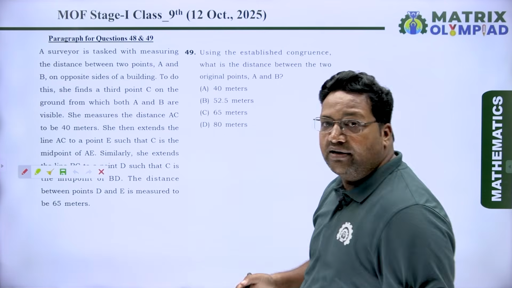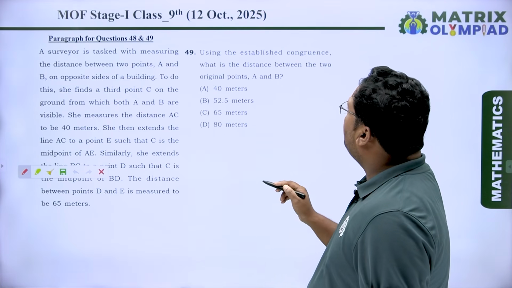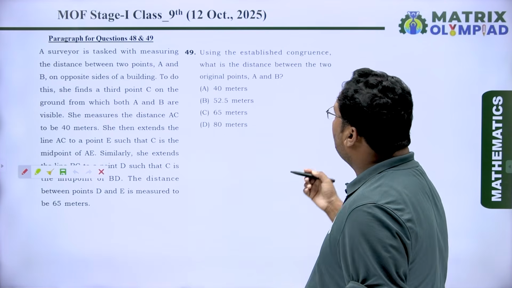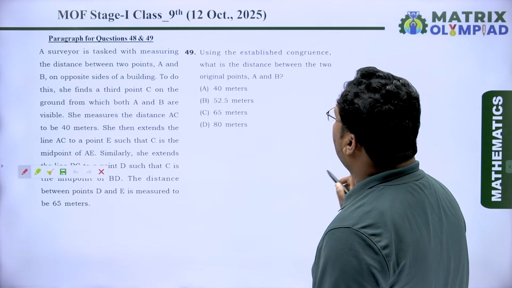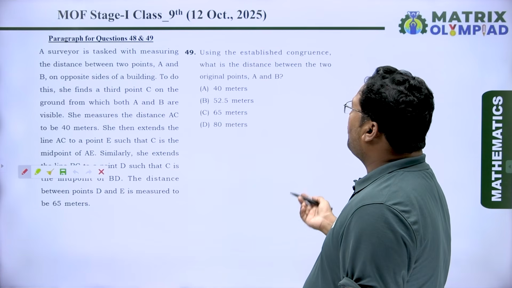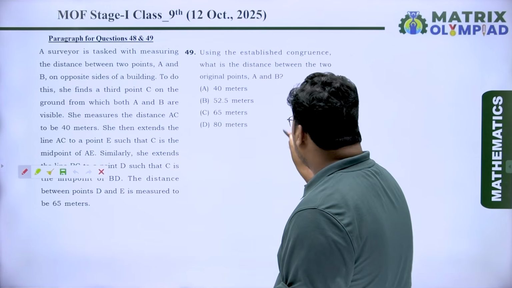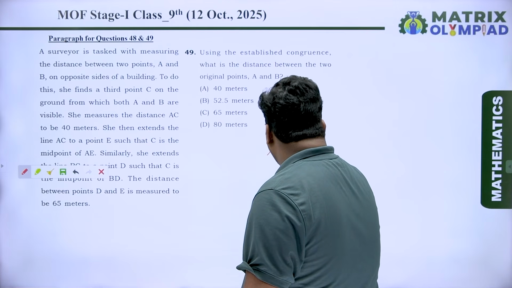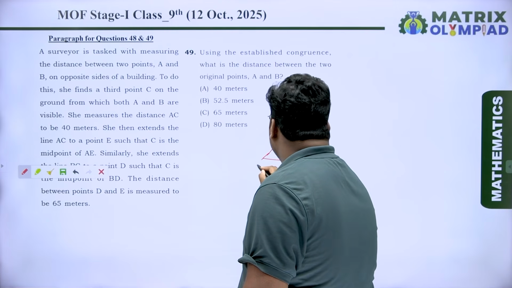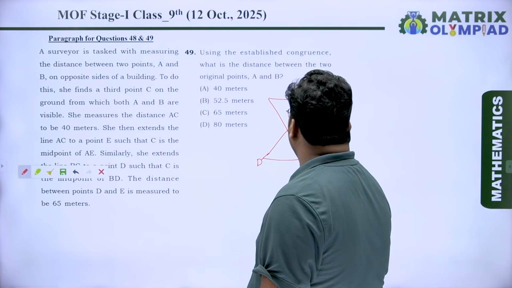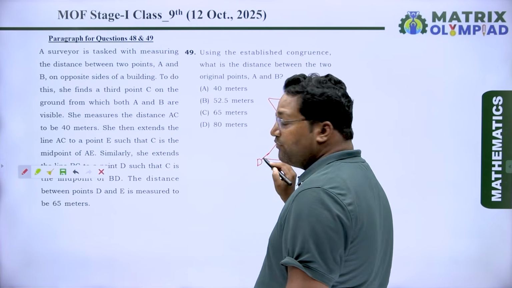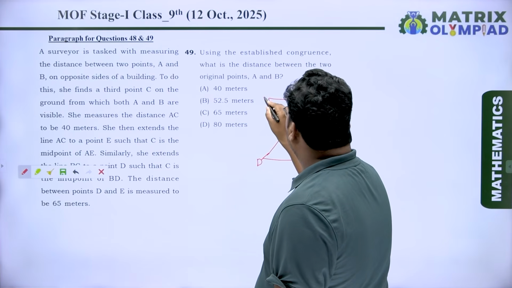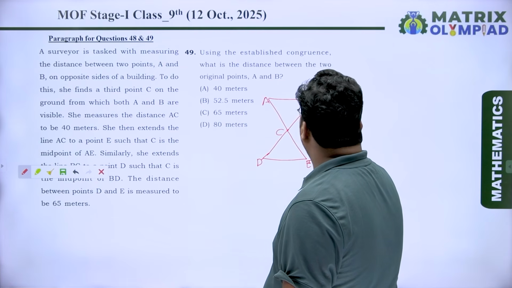The question is different. The question is, using the established congruence, what is the distance between the two original points A and B? So here you can see in the previous question we have to draw the diagram like this. This point is D and this point is E and this is C, which is the midpoint of AE and BD.